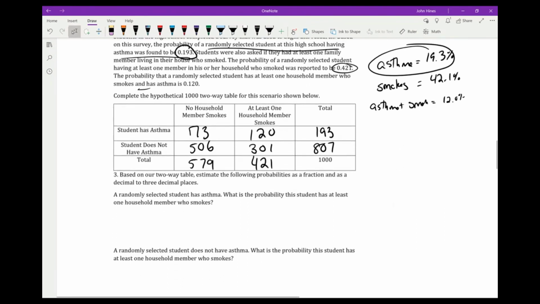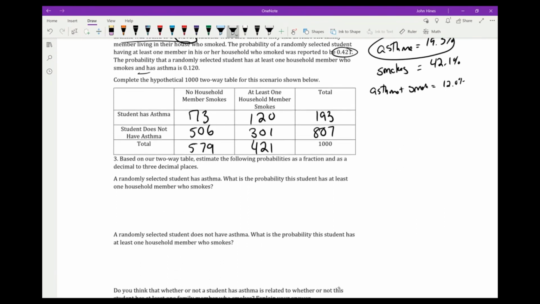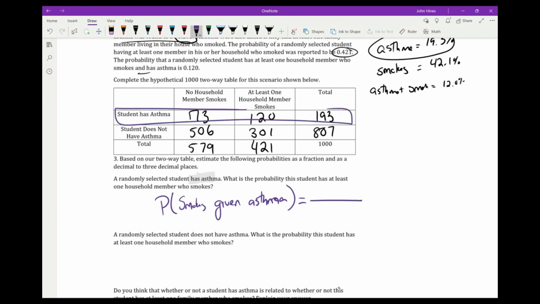So a randomly selected student has asthma. I know this person has asthma. The probability of something given they have asthma. I know what I'm doing. I know the student has asthma. That's a given piece of information. What is the probability that they have someone who smokes in their house? So my universe has shrunk to only looking at the students who have asthma.